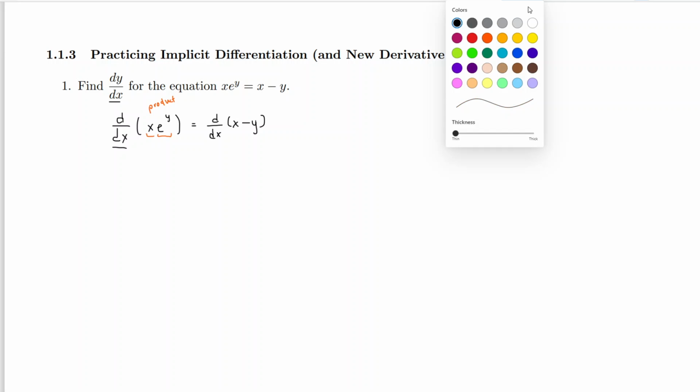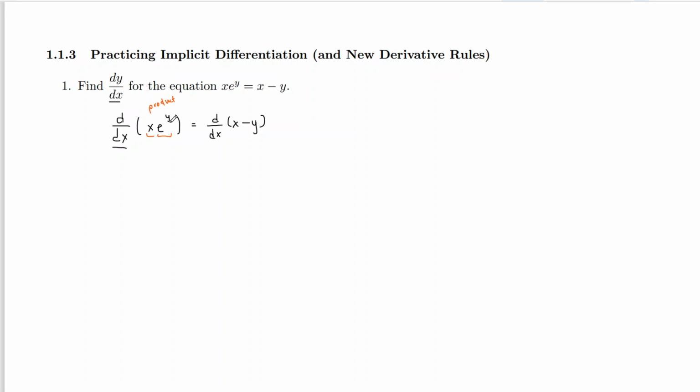Once again, not trying to get overwhelmed about the fact that we have an x and a y. Just for the moment, pretend they're both x's. Well, we do the derivative of the first, so d over dx of x times the second, e to the y, plus the first, x, times the derivative of the second, e to the y. And that's how we set up the product rule. I haven't used anything new. We just happen to have a y in there.